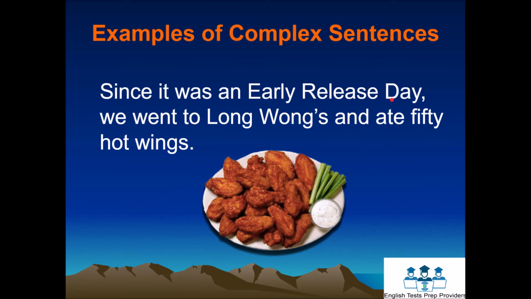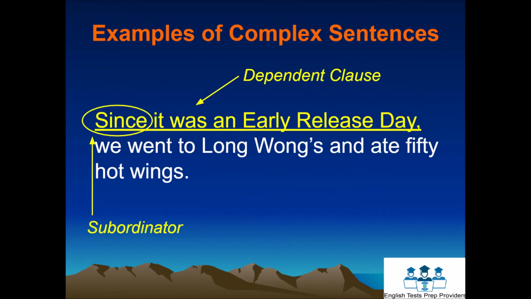Next, look at that sumptuous food. Since it was an early release day, we went to Long Wong's and ate 50 hot wings. Okay, now what is our independent clause? Alright, so let's try to have the dependent clause first.